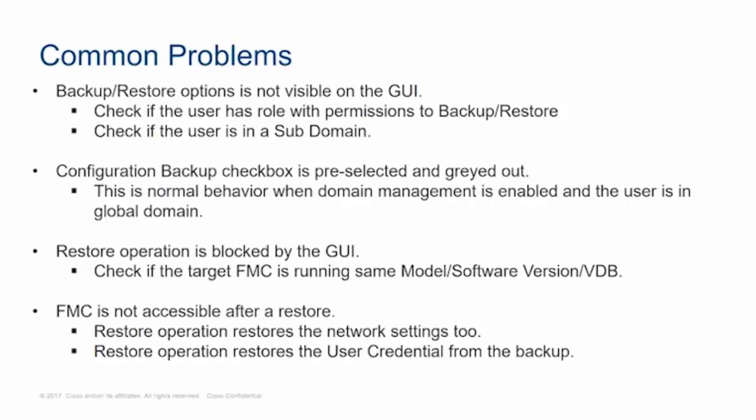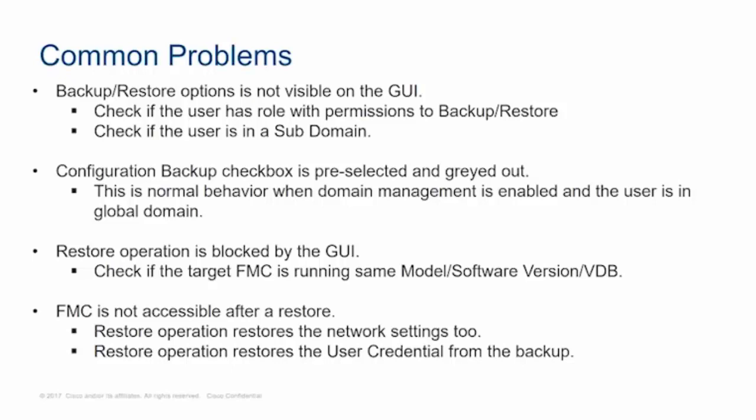Second, sometimes when you try to restore the backup or go to the backup management page, the restore option will be grayed out. When that option is grayed out, it indicates that the backup file we are trying to restore on the target system has different information or baseline requirements.